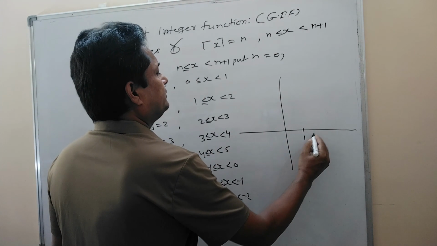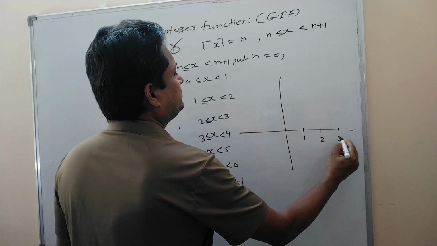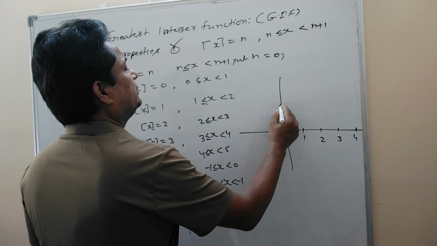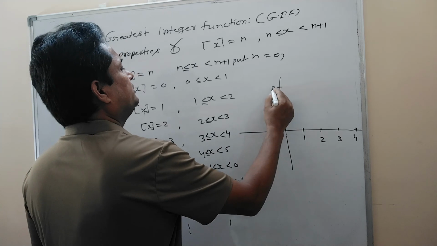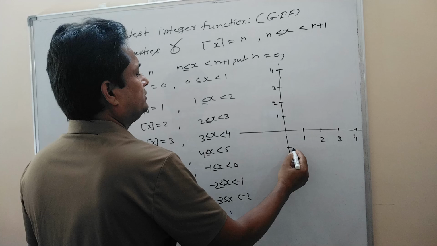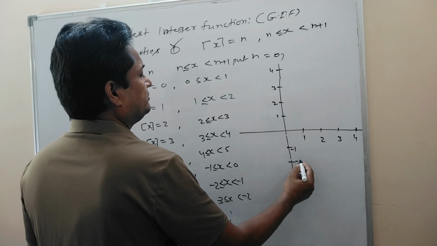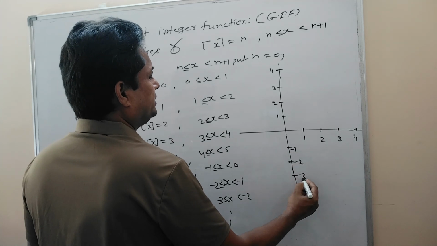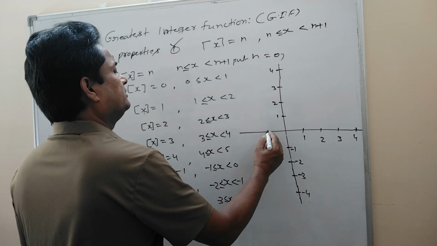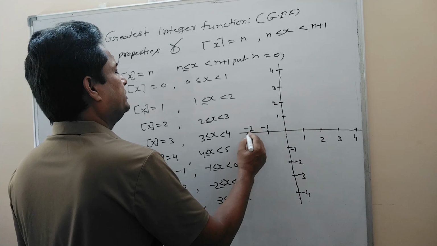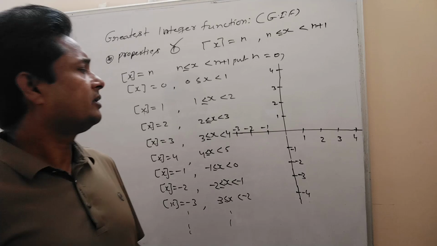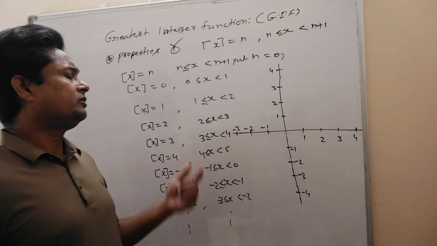Let's say here this is 1, this is 2, this is 3, this is 4, and here let's say this is 1, this is 2, this is 3, this is 4, etc. This is -1, this is -2, this is -3, this is -4, and next one, this is -1, this is -2, this is -3, and leave more values on them.